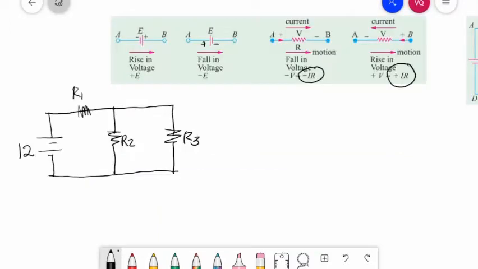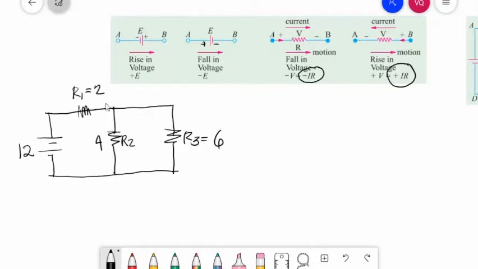We will illustrate KVL and KCL, Kirchhoff's theorem, in this example. This is a simple series-parallel circuit, and we can solve this using the current divider theorem and voltage divider theorem, but we will try to solve it by Kirchhoff's theorem.